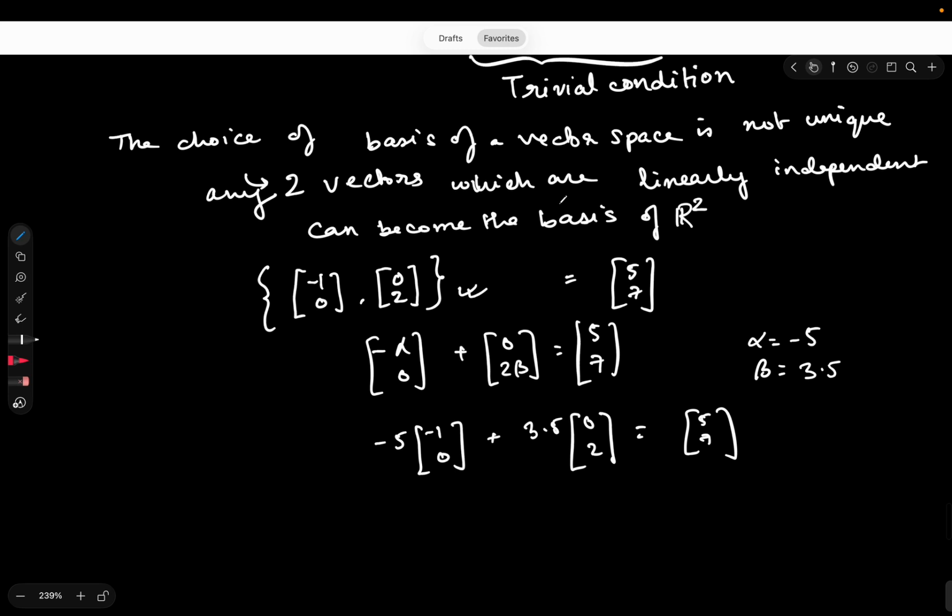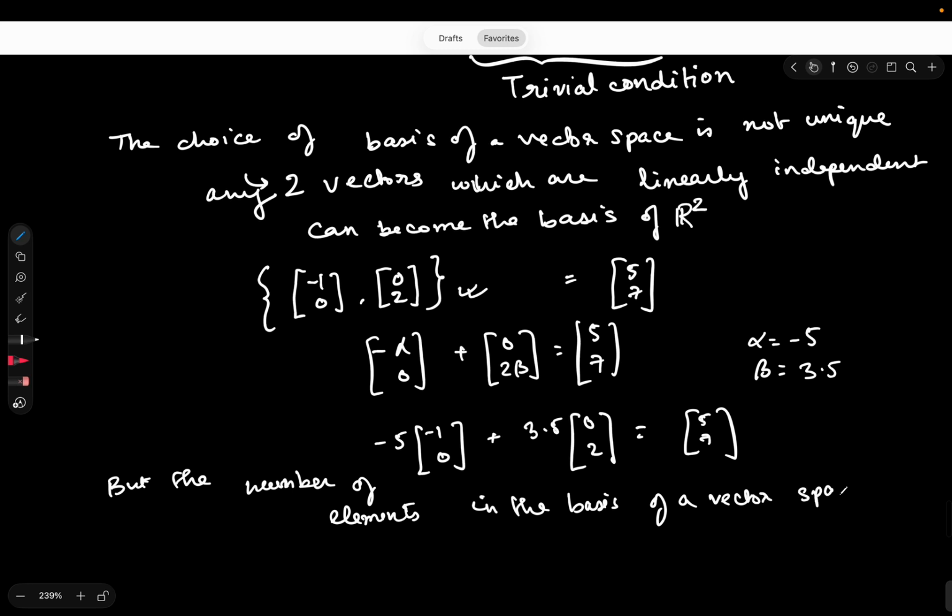So the choice of basis of a vector space is not unique, but the number of elements in the basis of a vector space is always unique.